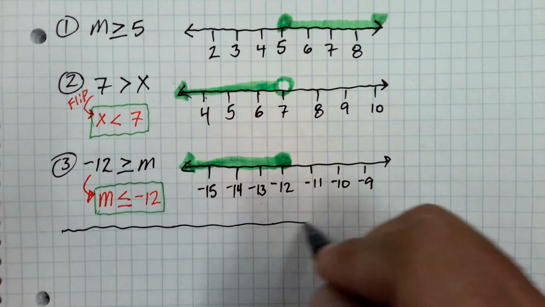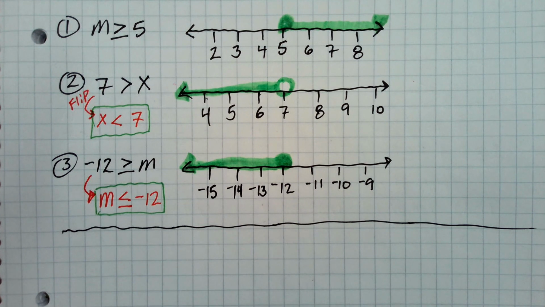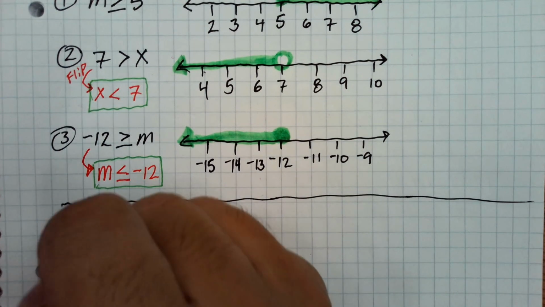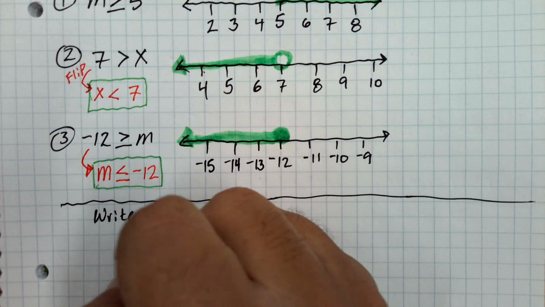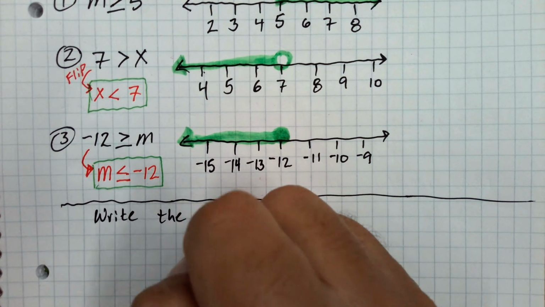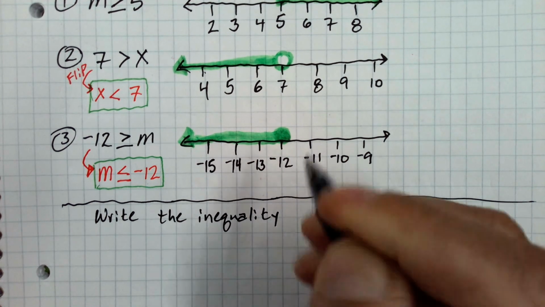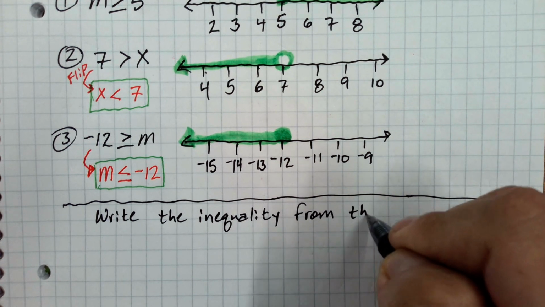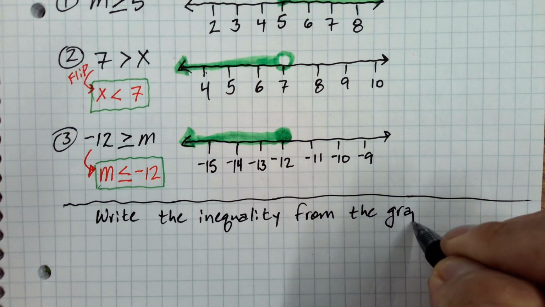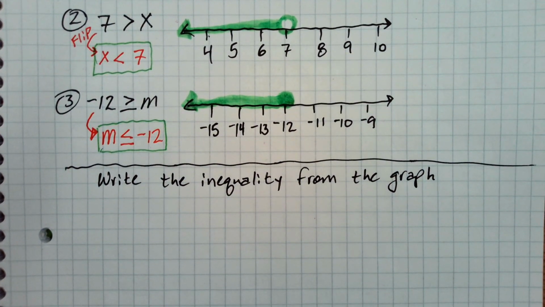So the other thing we're going to do is, instead of giving you the inequality, you make the graph. What if you get the graph and they want you to write the inequality? Okay, so we're going to write the inequality from the graph. Okay, so we're just working in reverse.